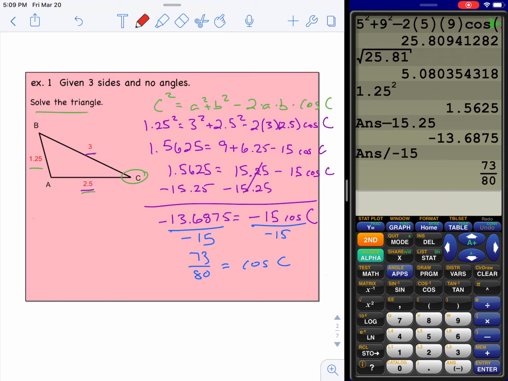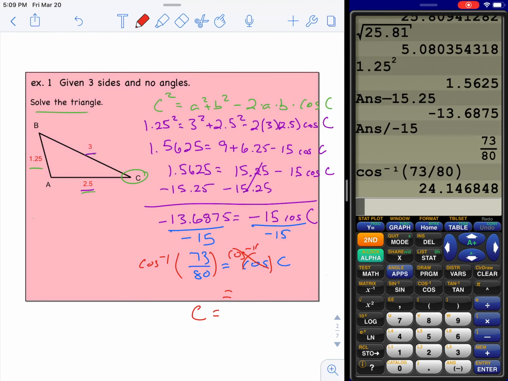I'm going to have to do my inverse cosine to both sides, which will cancel those, and I will get angle C is equal to, and I can just use that right here in my calculator. 73 divided by 80, 24.1 degrees. Okay, so now I have an angle, 24.1 degrees.